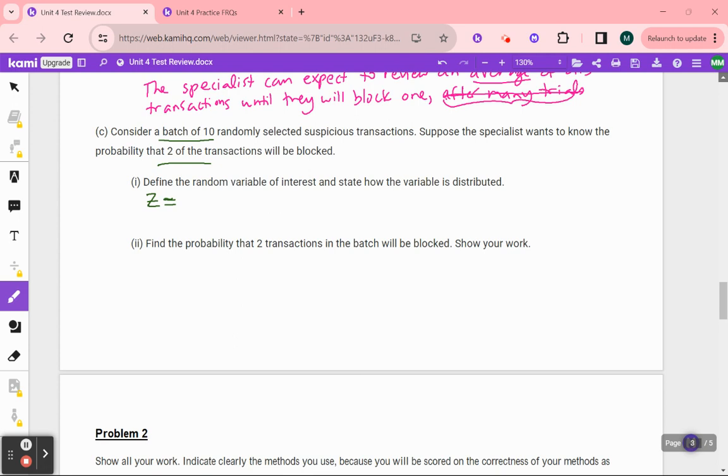Independent trials given in the overview of the problem, a fixed number of trials, 10, and the same probability of success for each trial. And I'm going to define a random variable Z as the number of transactions blocked in a batch of 10 randomly selected suspicious transactions.